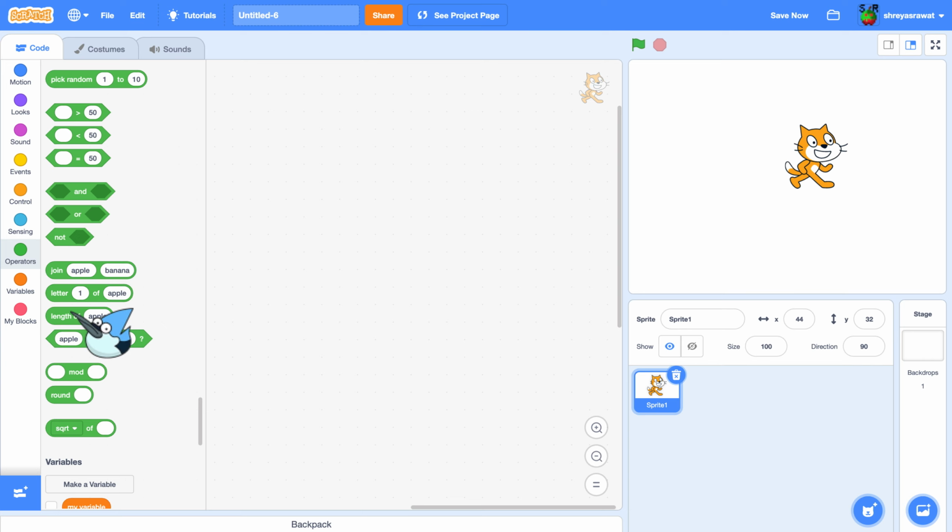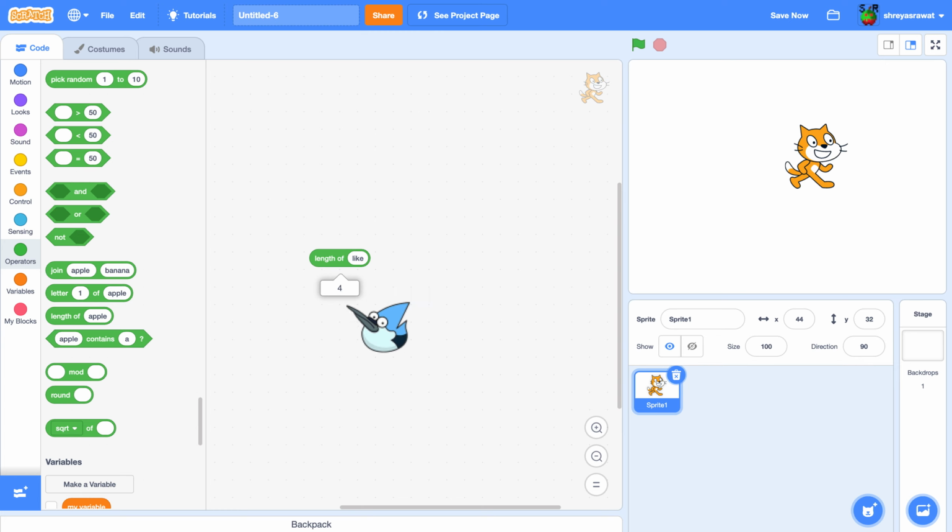Okay. Next is length of blank. This is used to find the length of a number or a word. As an example, they have apple, but I'm just going to put like. Since the length of like is 4 characters, it will say 4.